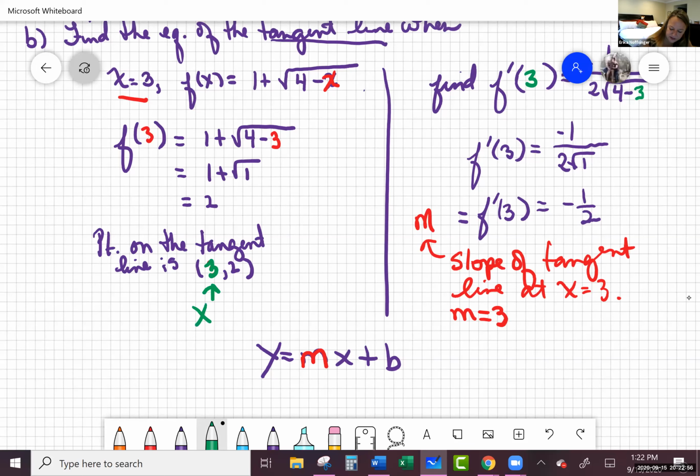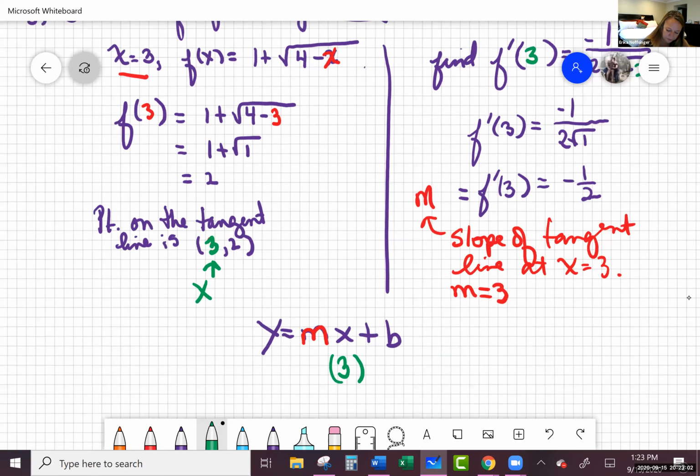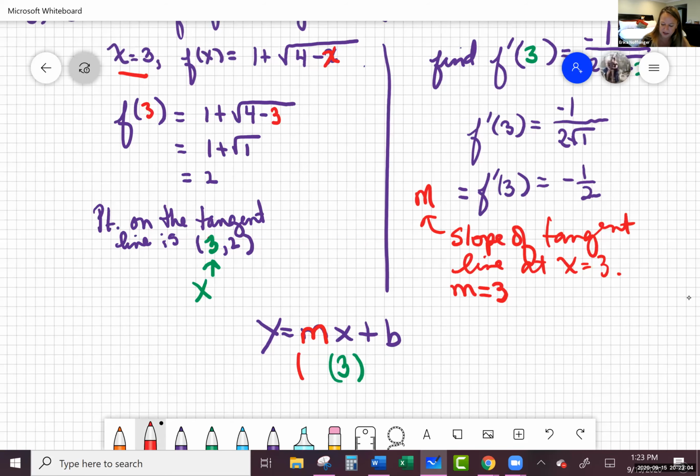So this is our x value. Our slope was 3. Actually, our slope is not 3. Our slope is -1/2. Plus b, and our y value is 2 in this case.